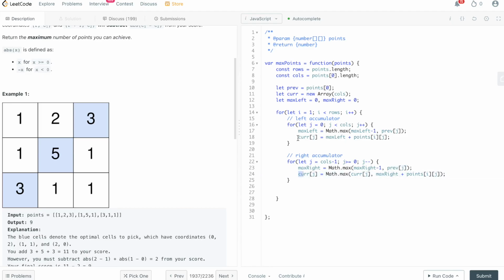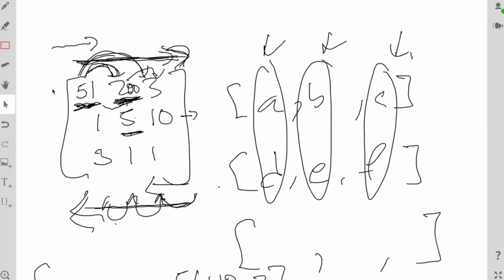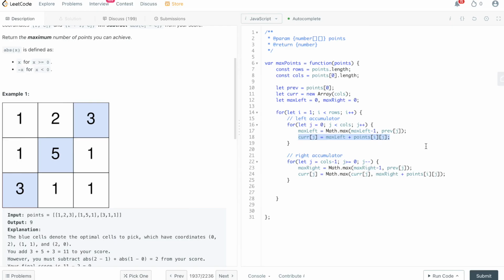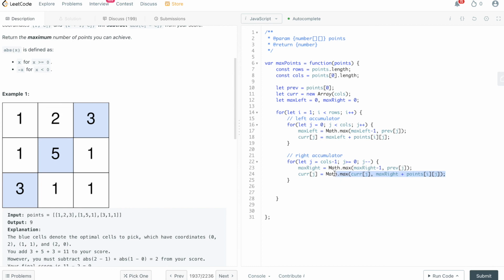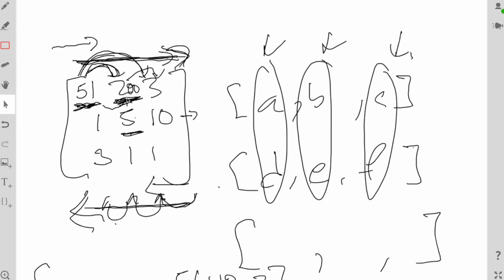Then what we do is we set cur j to equal the maximum value that has occurred here on the left side, plus points ij, so the current value that we're on in the matrix. Likewise, on the right-hand side, we calculate that value, 5 plus whatever is the max right accumulator value.